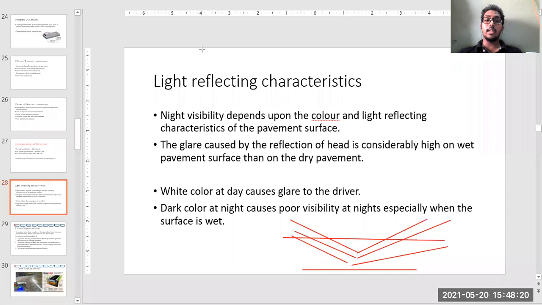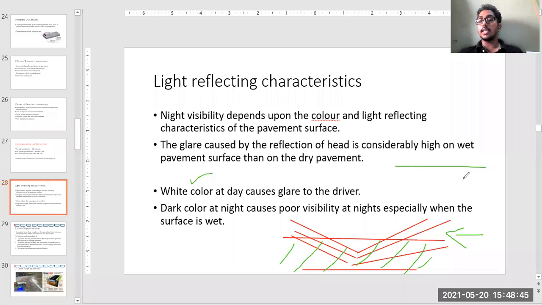So when the driver comes in the direction of the road, he faces difficulty seeing the light. So that's the important reason we need to maintain the type of texture for the driving purpose also. They say during the daytime, white color gives a lot of glaring effect.